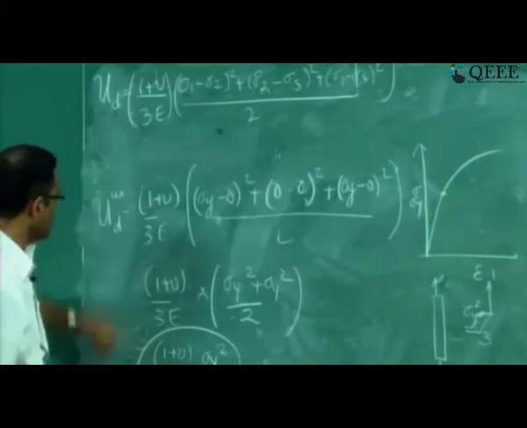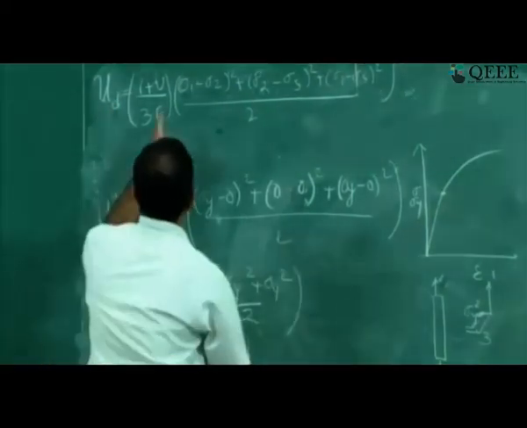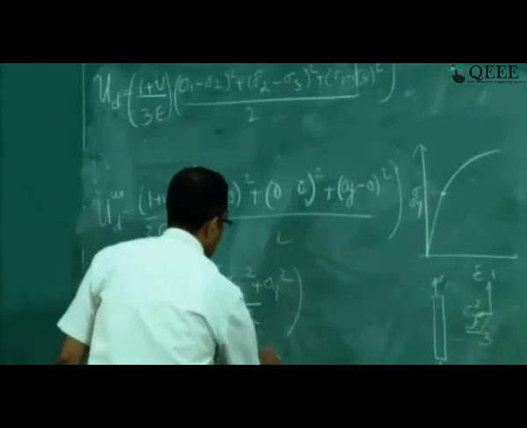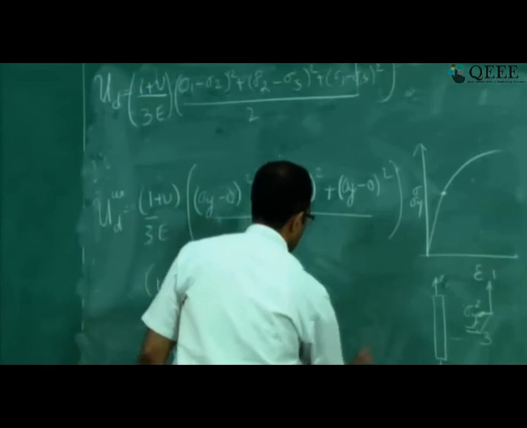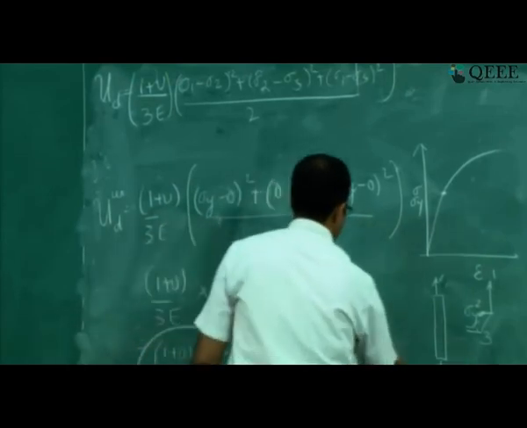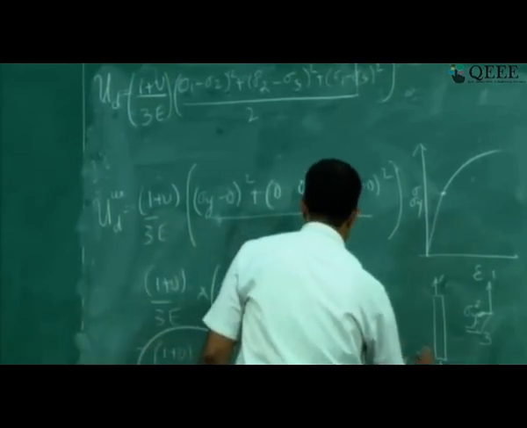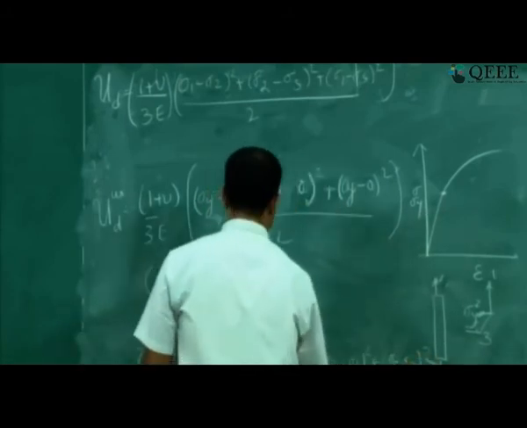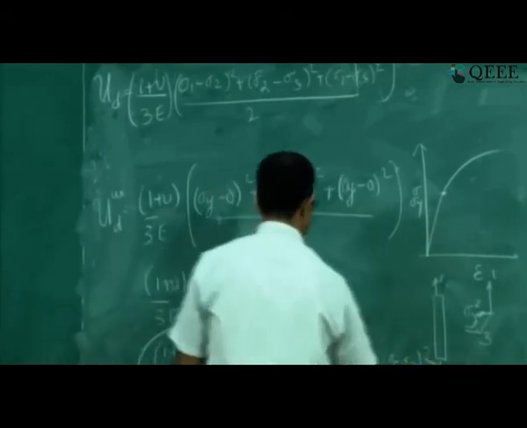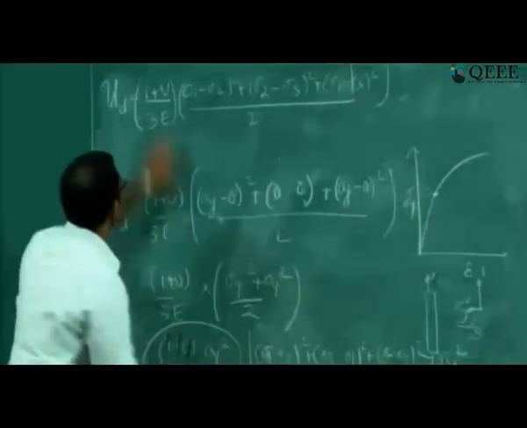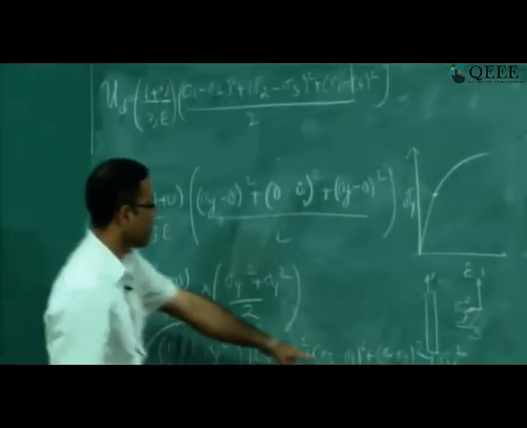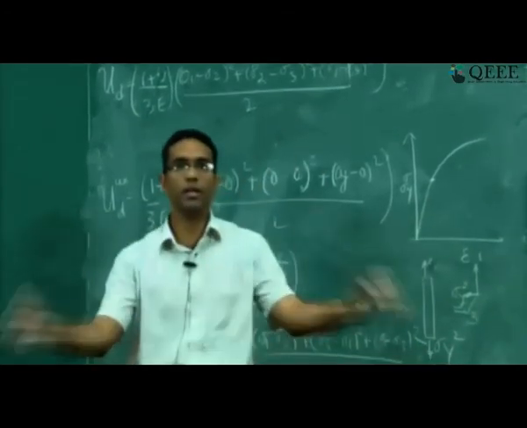So when you equate the two, you get an expression which says whenever (sigma 1 minus sigma 2) the whole square plus (sigma 2 minus sigma 3) the whole square plus (sigma 3 minus sigma 1) the whole square, divided by 2, becomes equal to sigma y square, because the common factors cancel out, then the material fails.